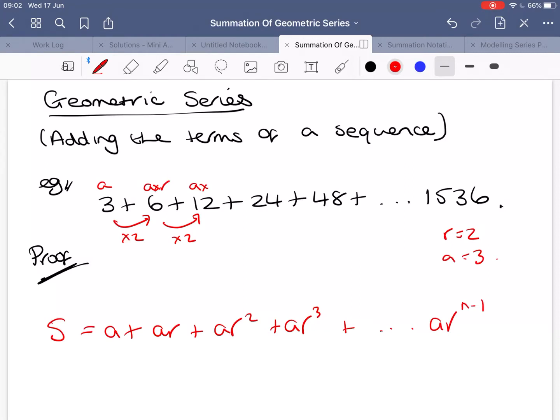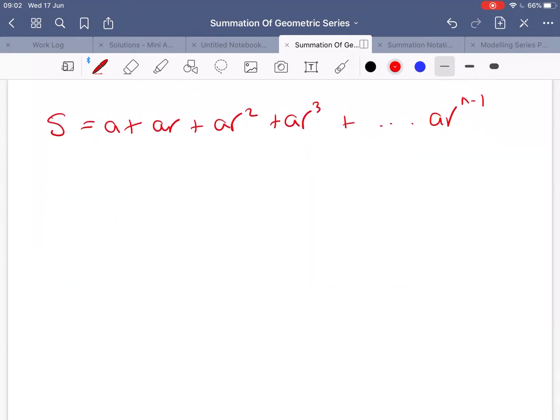Now, if I wrote this backwards and tried to add them together, it's not going to help. So I have to use a different technique for this one. What I actually do is multiply everything by R. So I have to multiply every term by R. I end up with R times S equals A times R plus, let's multiply the second term by R, it's going to be AR squared.